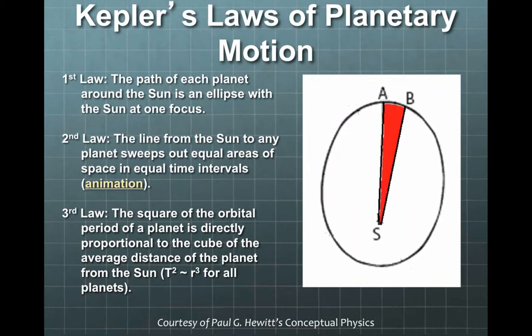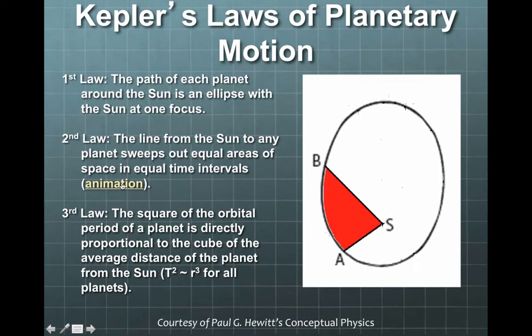Each frame is a given time interval, and the area swept out by the planet, the area of the sector of the ellipse between A, B, and S, the Sun, is constant, and also that time interval is constant.